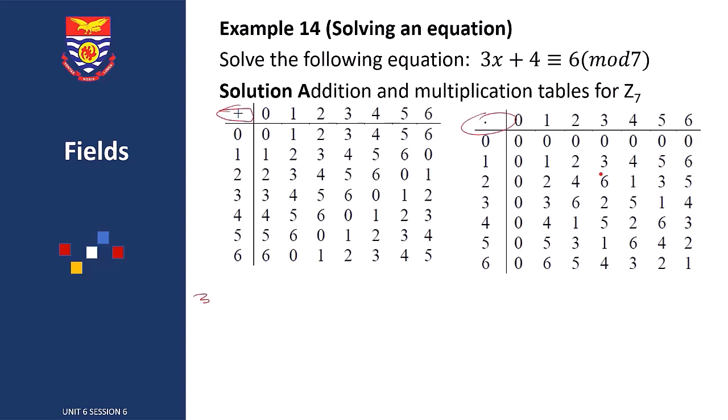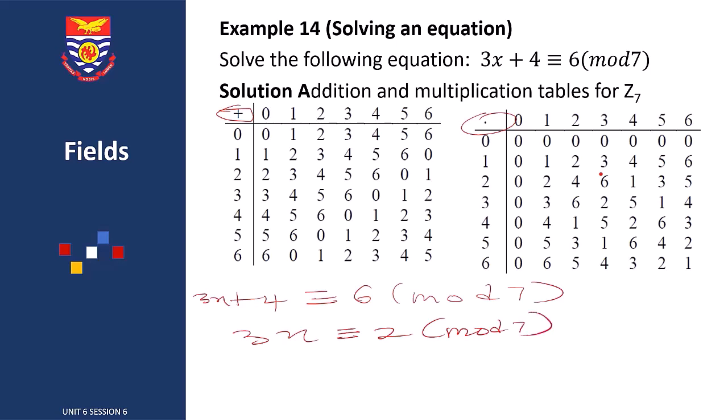So we have 3x plus 4 is congruent to 6 mod 7. First, we can take away the 4 by subtracting 4 from both sides. So I get 3x is congruent to 2 mod 7, and I hope you agree with that.